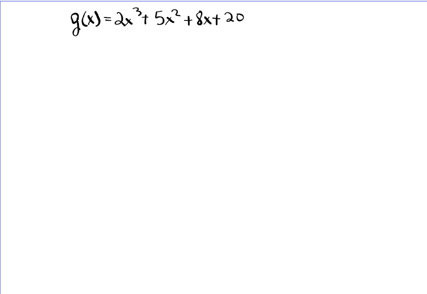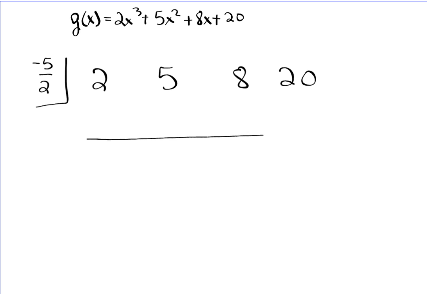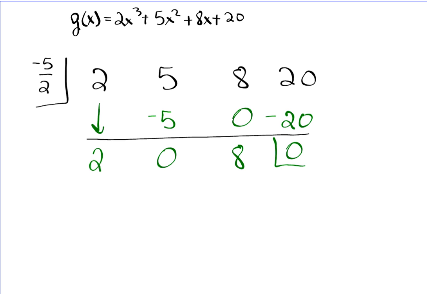So negative 5 halves, and that's 2, 5, 8, and 20. 2 comes down. 2 times negative 5 halves is negative 5. Oh, cool, that's 0. Okay, 0 times negative 5 halves is 0. 8 comes down. 8 times negative 5 halves gives me negative 20, and my remainder is 0.